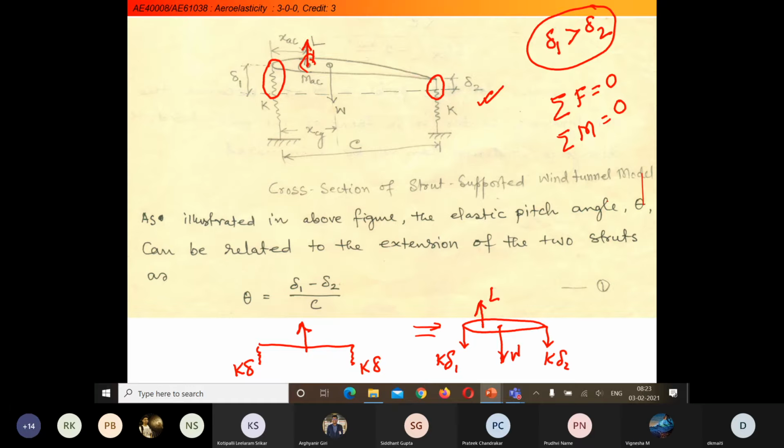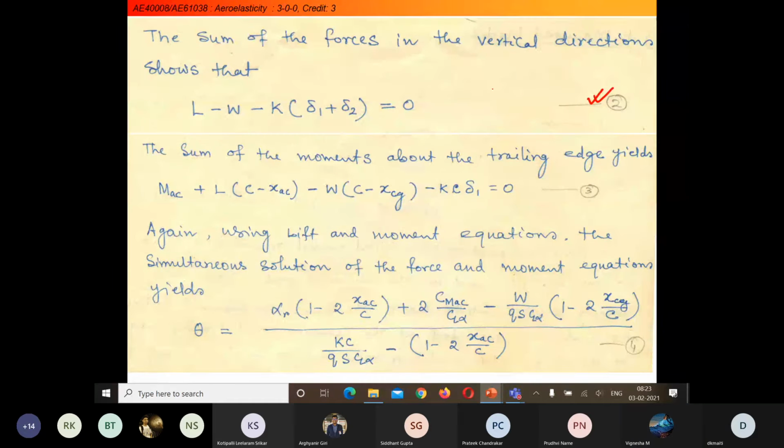Before starting the wind tunnel, the weight will always be acting, so it will take an equilibrium position due to the weight of the aerofoil section. So I am considering that my reference position, the zero position. With respect to that, I am deriving all the deformations.